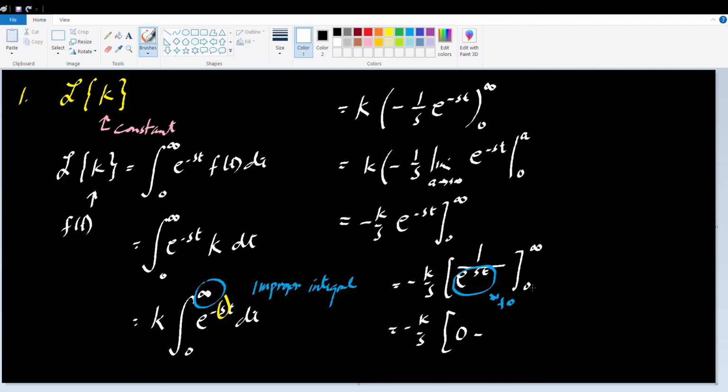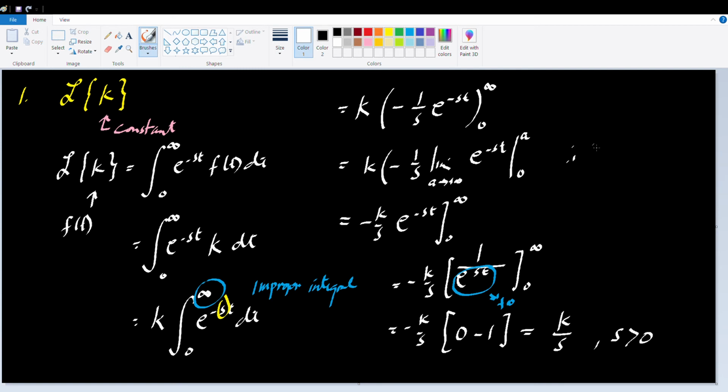minus the lower limit, substitute 0 to t, it becomes 1 over e raised to 0 or 1 over 1 equal to 1. So finally, negative k over s times negative 1 is k over s. Of course, s is greater than 0.